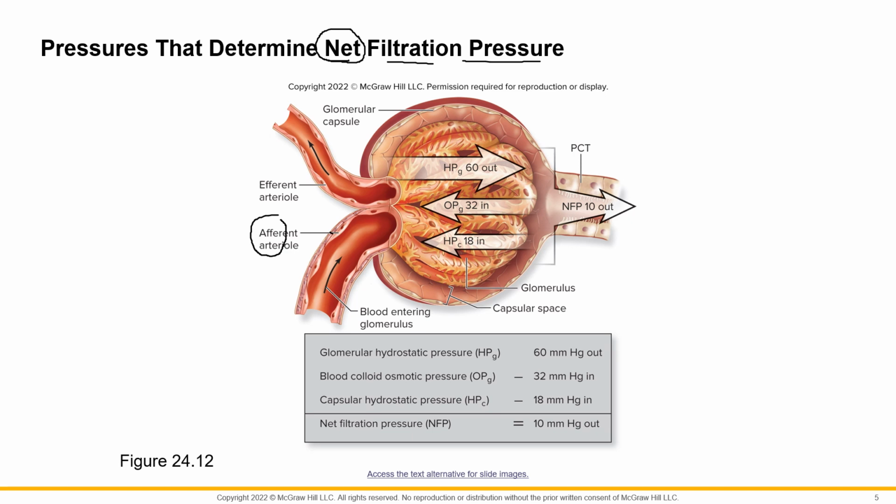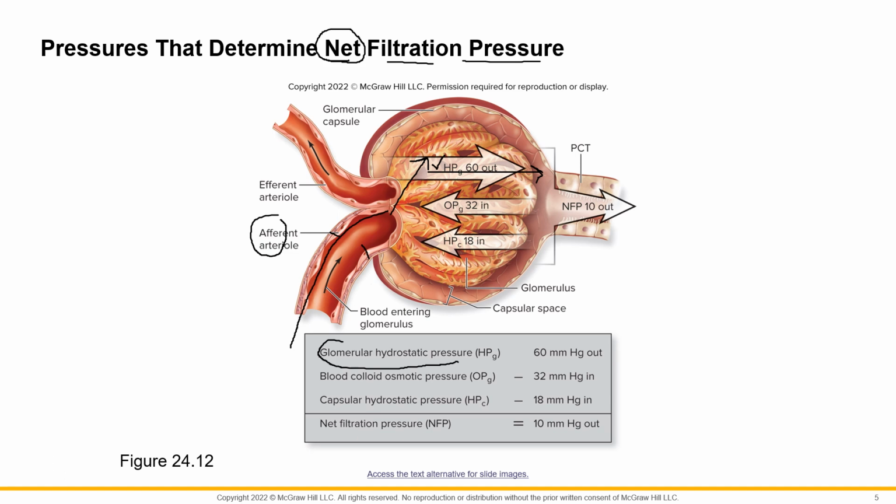It has this larger diameter and blood is coming in right here. So the first concept here is glomerular hydrostatic pressure. It's denoted as HPG or GHP, same thing. This is the pressure that the fluid is coming in through, and it is going this way or this way through the glomerulus.